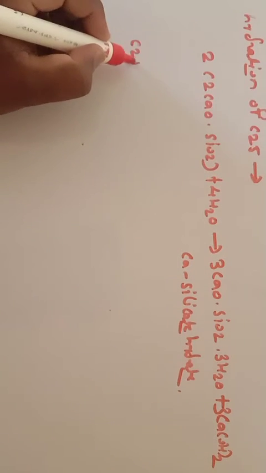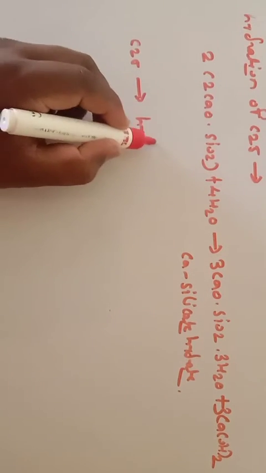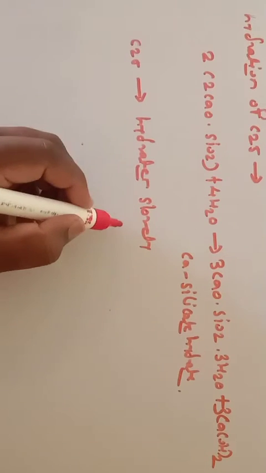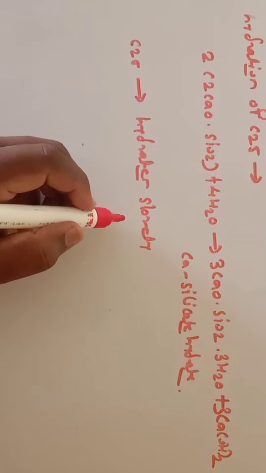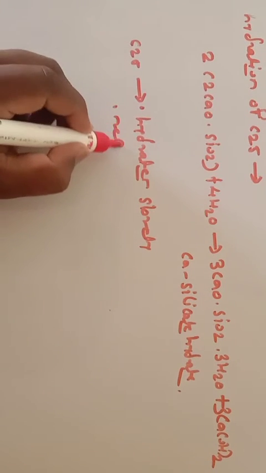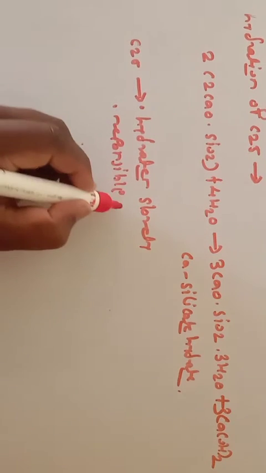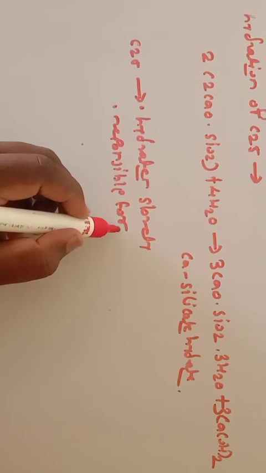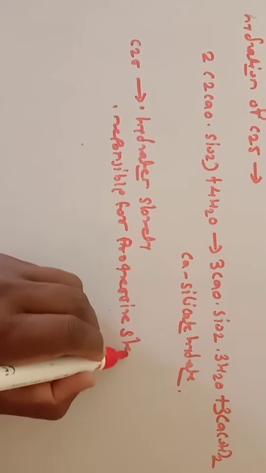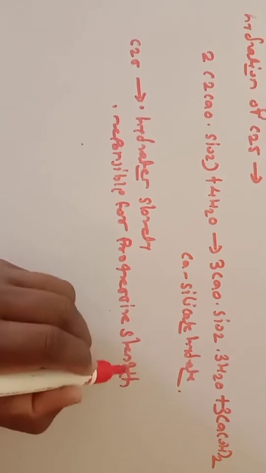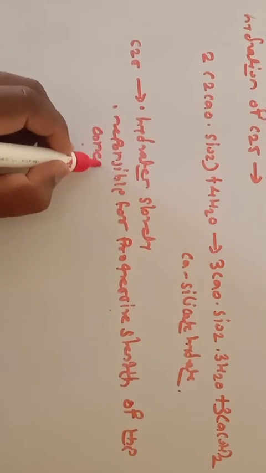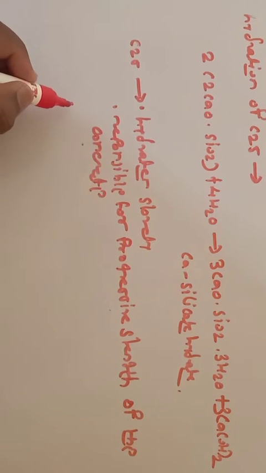Again, if you consider C2S, it hydrates slowly as compared to tricalcium silicate, and it is responsible for the progressive strength of the concrete.